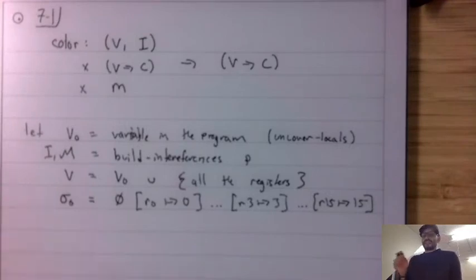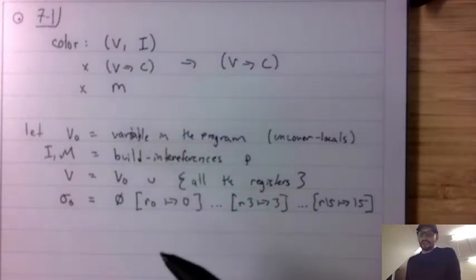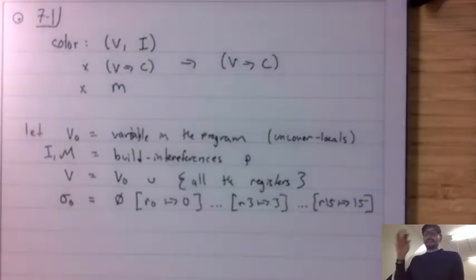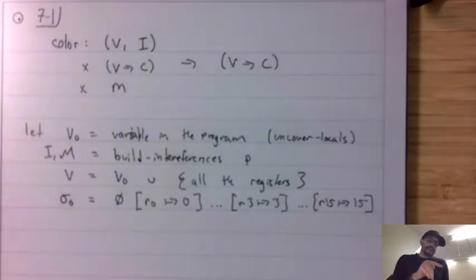There are two ways you can implement this. One way is to just pretend that RAX doesn't exist. Then we don't say that R0 equals 0, we say that R1 equals 0, and R2 equals 1, and so on, and your register allocator completely ignores the fact that RAX is a register. The other way is to go back into our interference graph construction, and anytime there's an instruction with two arguments, we conservatively assume that it writes to RAX and reads from it.